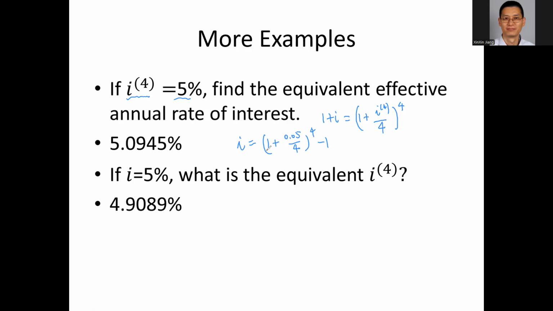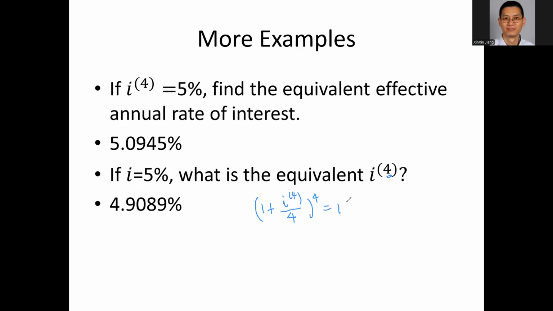Now, if the effective rate is 5%, the meaning of this notation is the annual effective rate is 5%, and what is the equivalent i(4)? That's the quarterly rate. So again, you have this relation. You find the quarterly effective rate and you compound it 4 times.